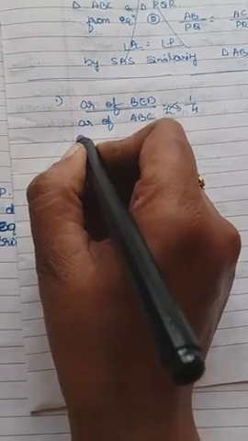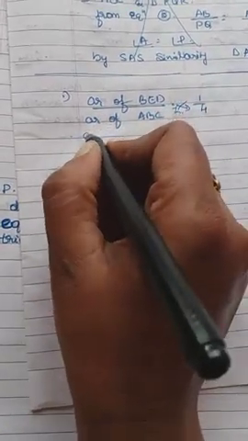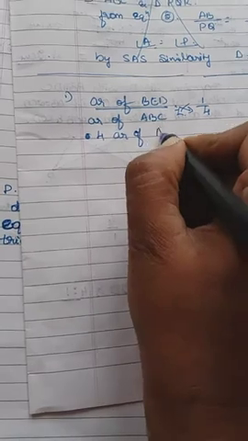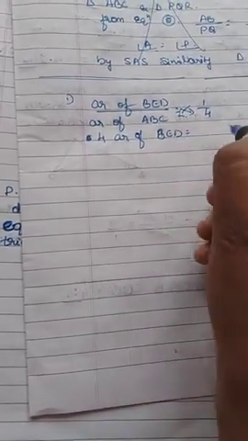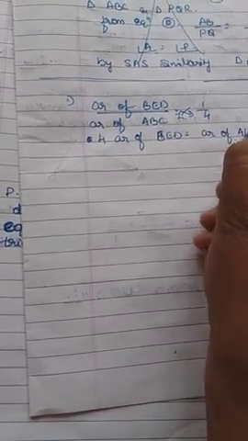So in the same way, if we do the cross multiplication here, what will we get? If we separate the area of triangle BED, 4 times the area of triangle BED equals the area of triangle ABC.